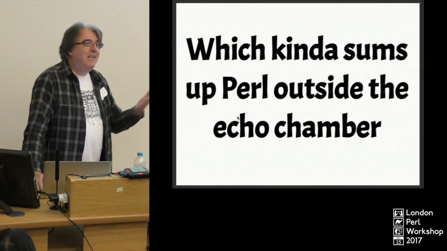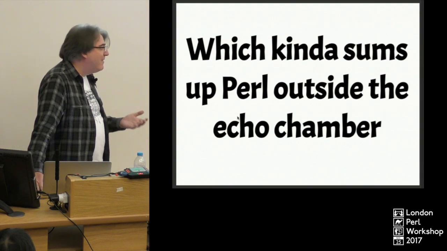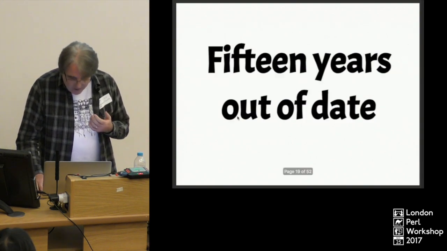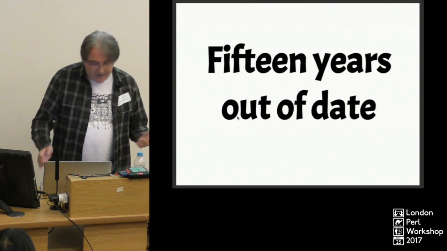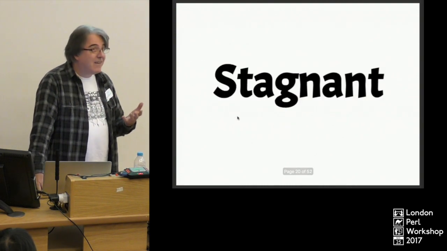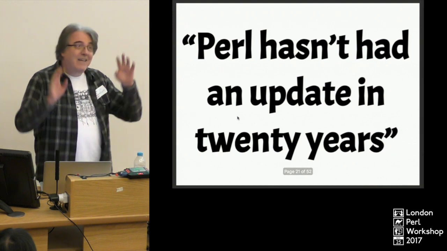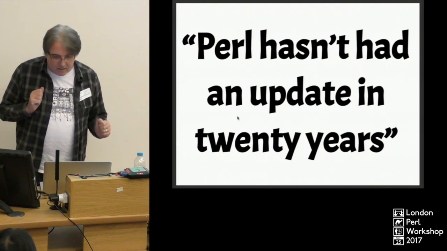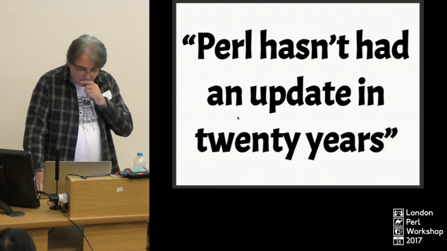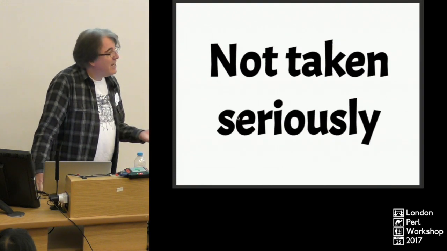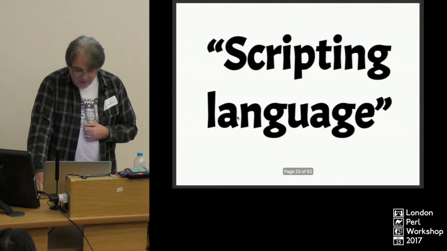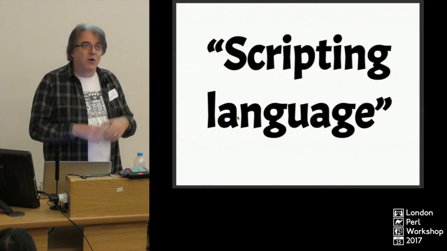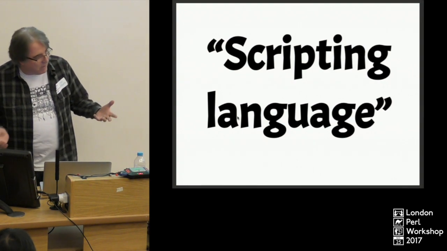And to me, that kind of sums up Perl outside the echo chamber. It's all 15 years out of date. It's stagnant. Perl hasn't had an update in 20... I'm just going to carefully step around that Perl 6 naming discussion at that point. Not taken seriously. It's a scripting language, so nobody has to put any effort into it.